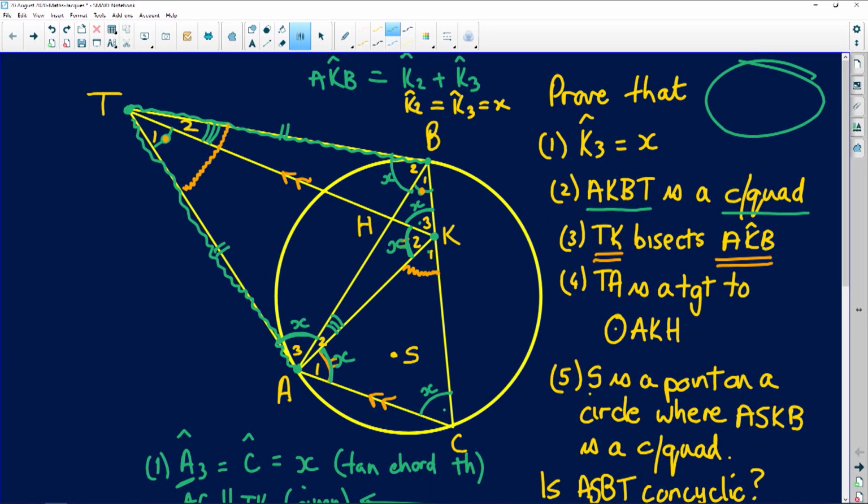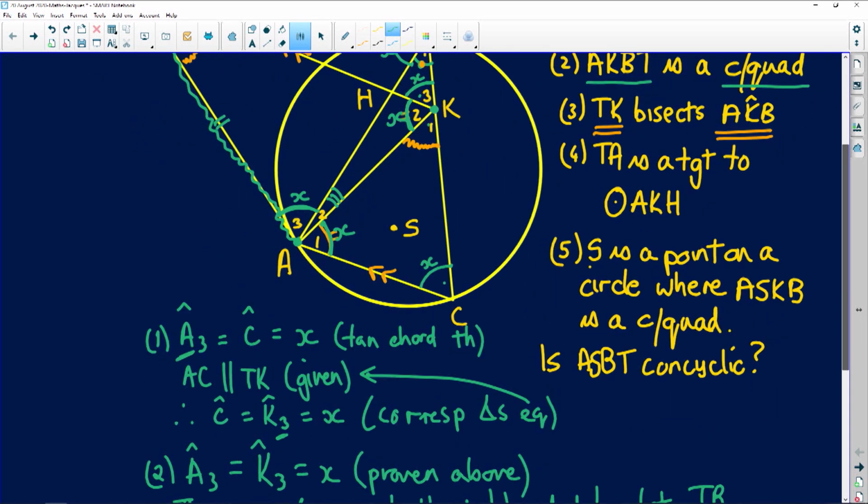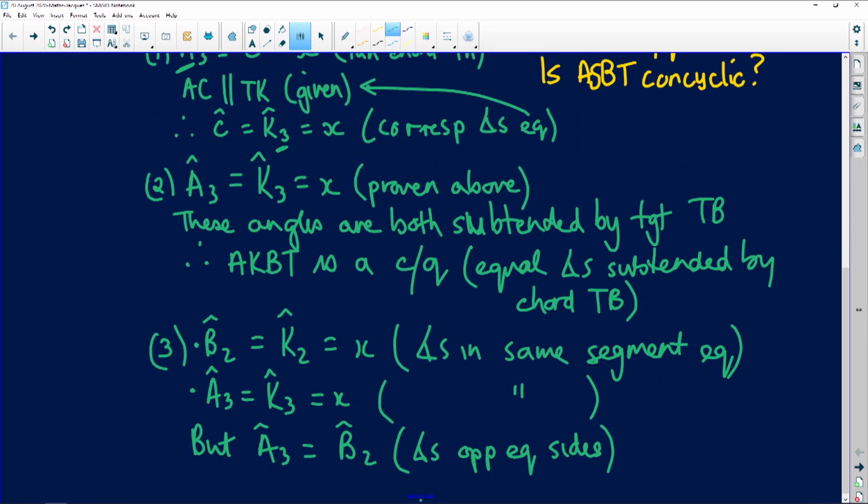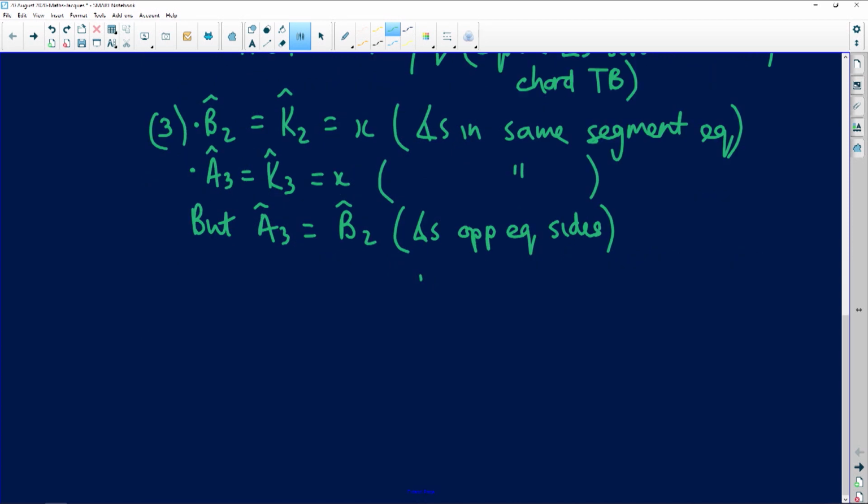TA is equal to TB because they're both tangents. And we can then conclude, therefore, that K2 is indeed equal to K3, which means that TK does bisect the angle BKA. And that's what they wanted us to prove.